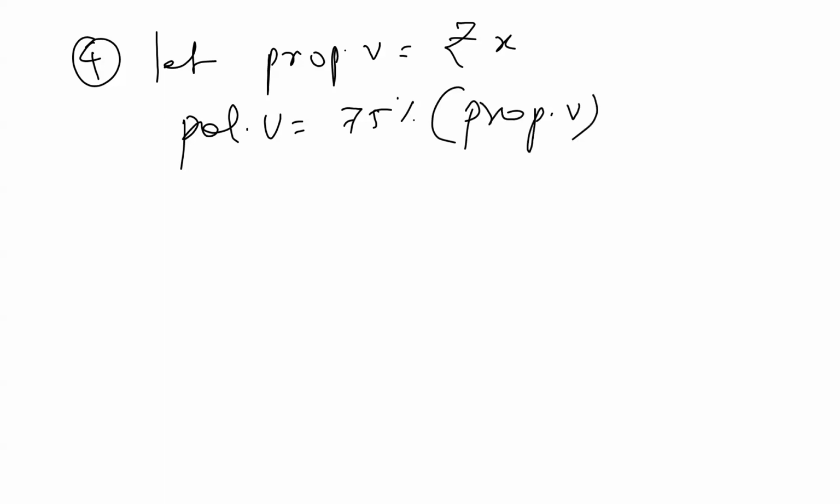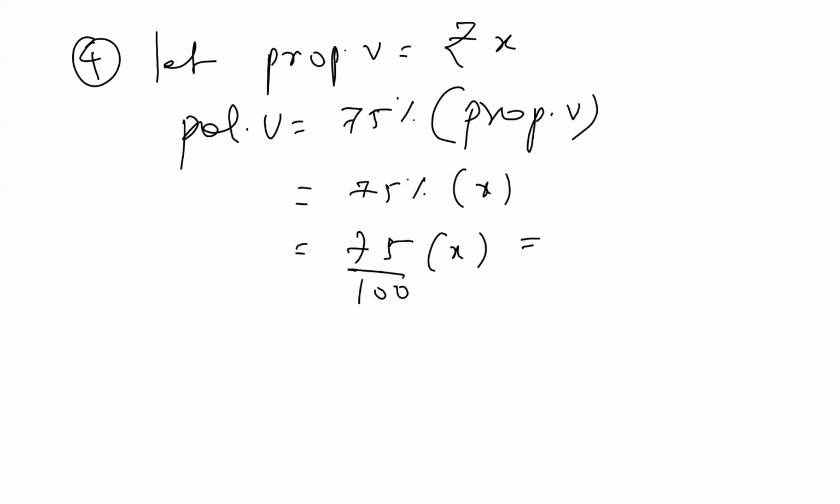So policy value is equal to 75% of the property value. 75% of X, 75 upon 100, X, which is equal to 3x by 4. How 3x by 4? 25 threes are 75, 25 fours are 100. So that's rupees 3x by 4, I should say.